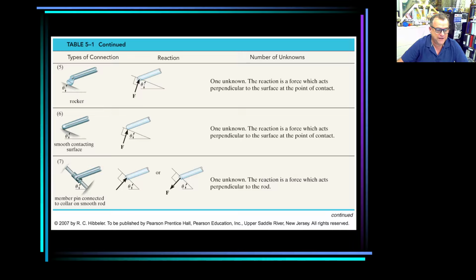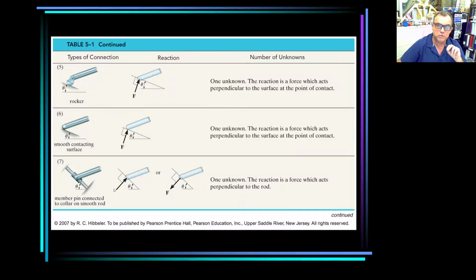Now this is a pin, so I can rotate that bar about that point. And if I can rotate that bar about that point, that means the moment is free. It's not restricted, so there's no moment reaction. In other words, you have only one force reaction in this direction, and as you can see, this is the strangest relative from the family of the roller, because what it produces is only one force perpendicular to the surface.